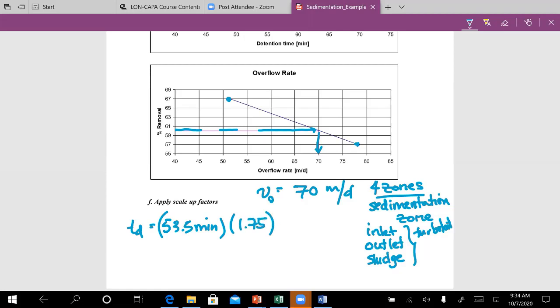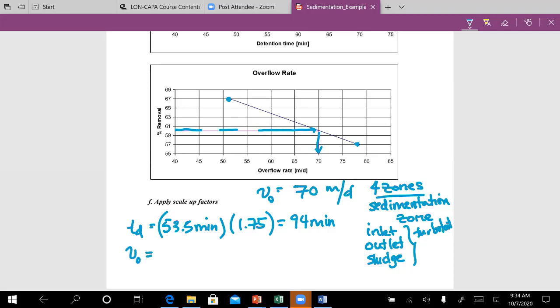So we're increasing it by about 75%. And that would give us a detention time of 94 minutes or about an hour and a half. And that is typical. Sedimentation basins, anywhere from an hour and a half detention up to 4 hours of detention. So the water is residing in that basin for a significant amount of time.